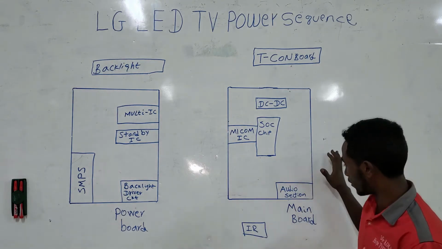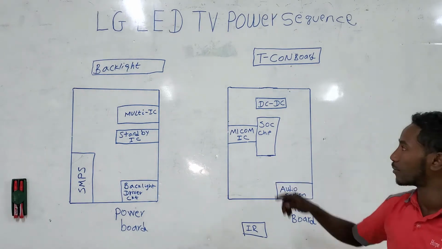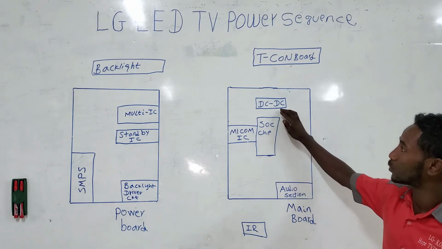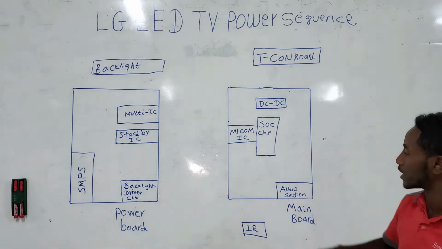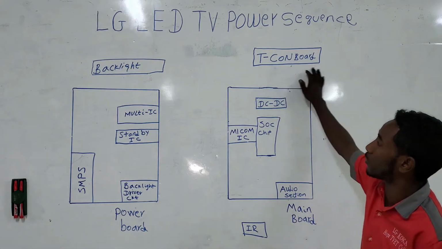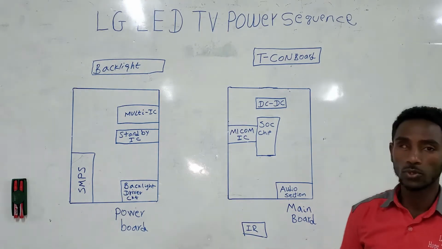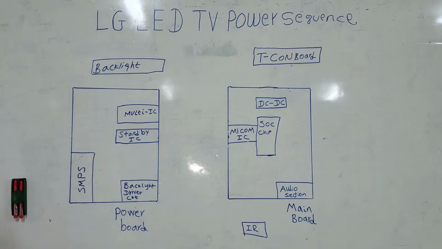On the main board, we have a MICOM IC, SOC chips, which is system on chips, and the DC to DC converter IC, which is the regulator. We have the audio section, and at the screen parts, we have the TCON board, and I'll try to explain how these two boards are working together.